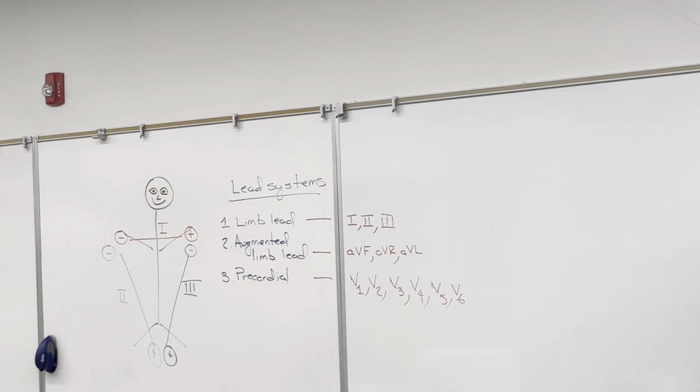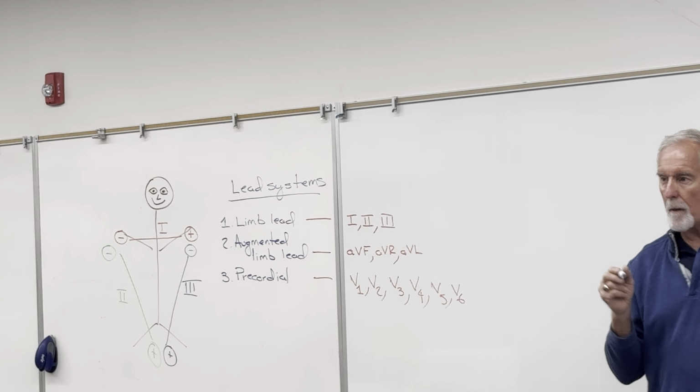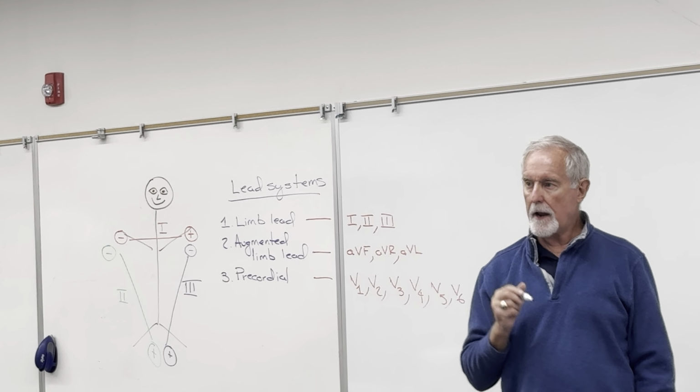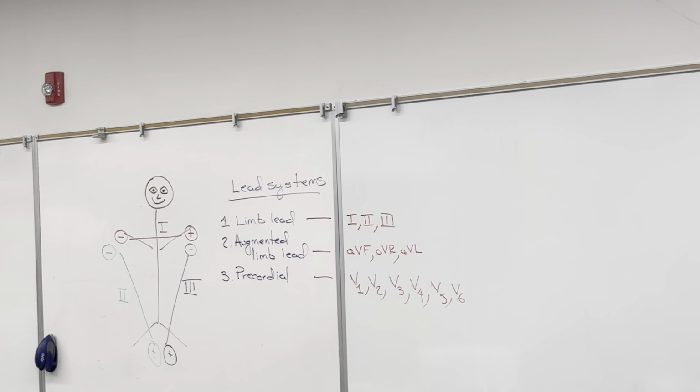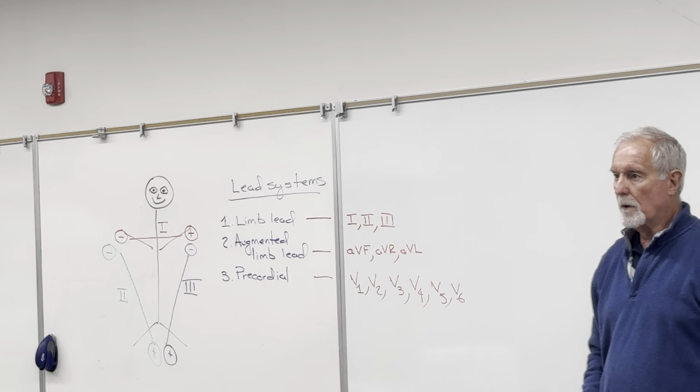And then you're going to take the arrow and draw a perpendicular line to a given axis. So this is perpendicular to lead 1, and so by definition, and Andrew, you did a fantastic job on that, the value is 0 in lead 1.